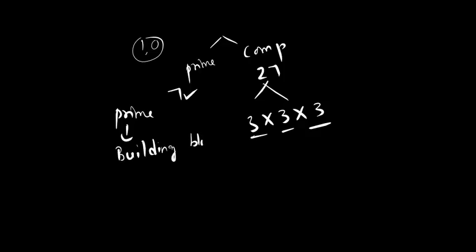Except 1 and 0, they don't need any building blocks. A prime number is a single building block for itself. For the composite number 27, we need three building blocks, three prime numbers, to get the composite number. Okay.